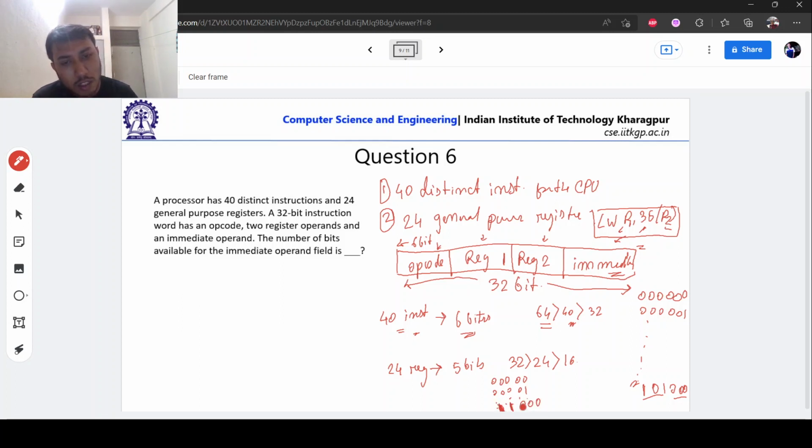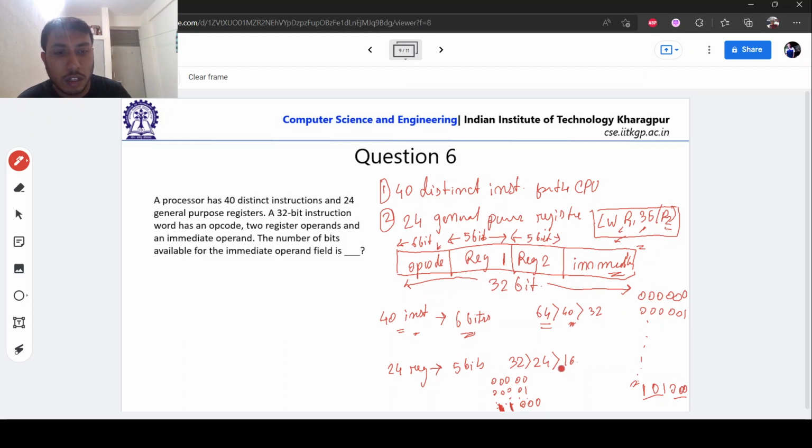So this is the last address. So this field will need 5 bits. Again, register 1 will require 5 bits. So the question says there are 2 register operands, so this will also require 5 bits.